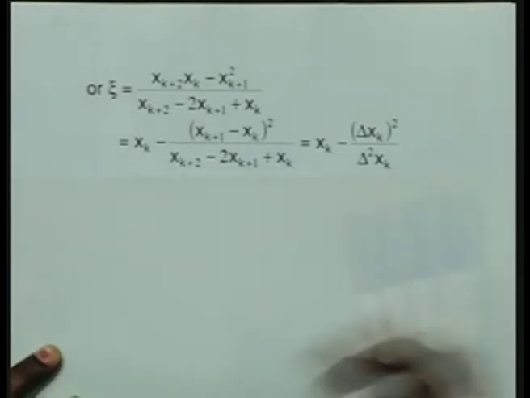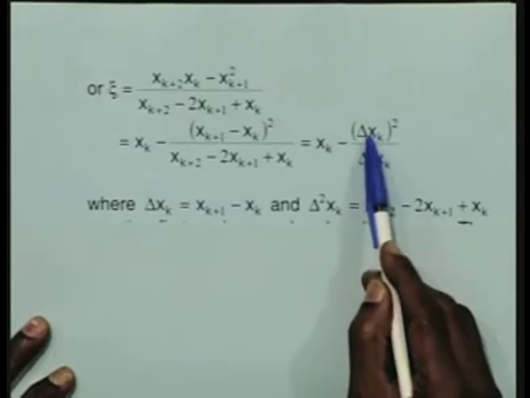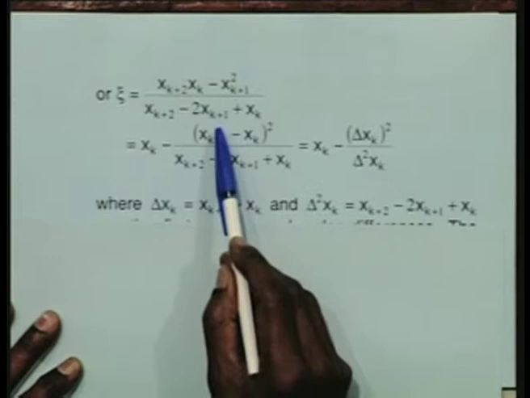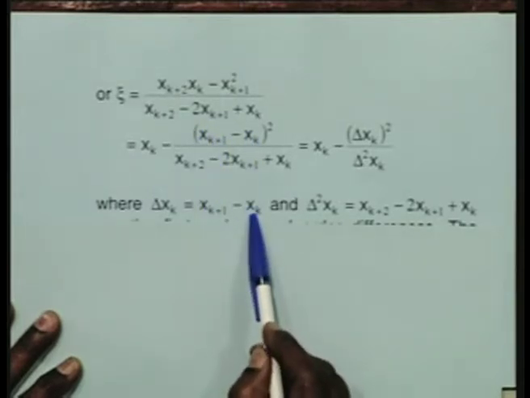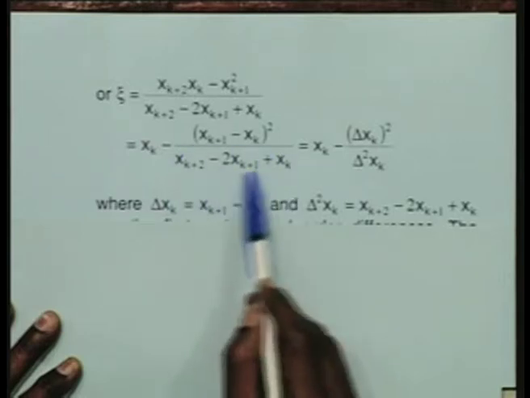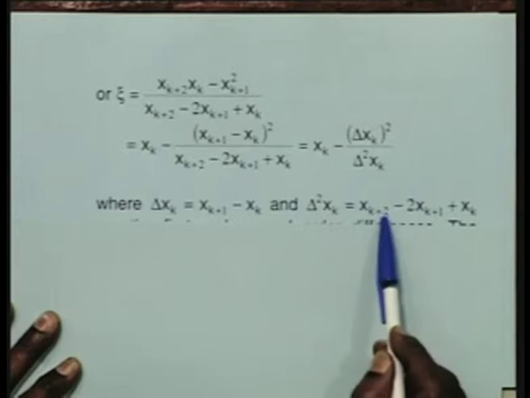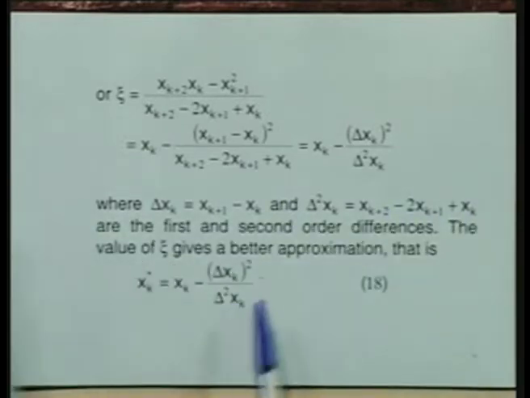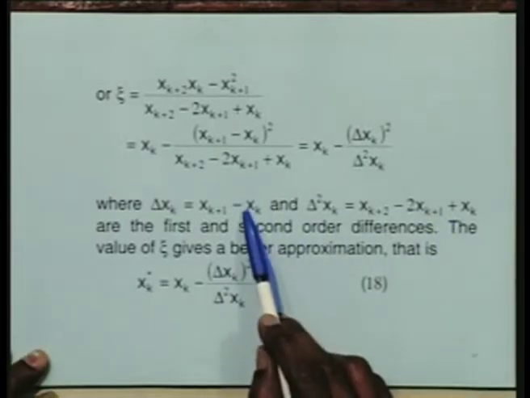Now, we are going to define in our later lectures the meaning of these quantities that we have written here, delta of x k, delta square of x k. I denote this delta x k as x k plus 1 minus x k, and I denote the denominator by delta squared x k, that is the definition of delta squared x k: x k plus 2 minus twice x k plus 1 plus x k, and these are called the differences.